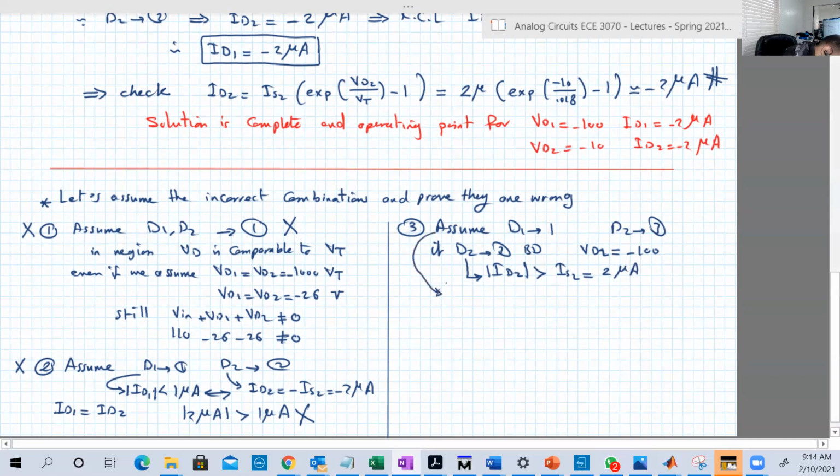So from this, ID1 as a magnitude should be less than 1 microampere. And ID1 equal to ID2. This guy is greater than or equal to 2 microamperes because it's in breakdown, and this guy is less than 1 microampere. So again, there is a contradiction. So this is also incorrect.